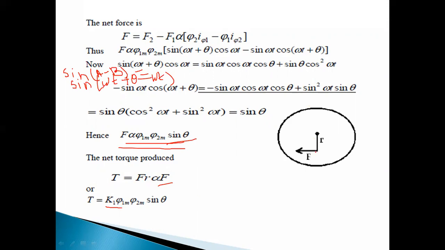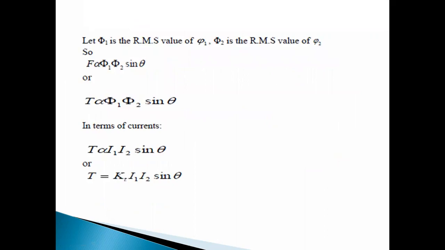Now here it is shown as a torque. This diagram is shown for the torque, which is force into displacement, F into R. So everyone noted? Then we are considering now the RMS values.